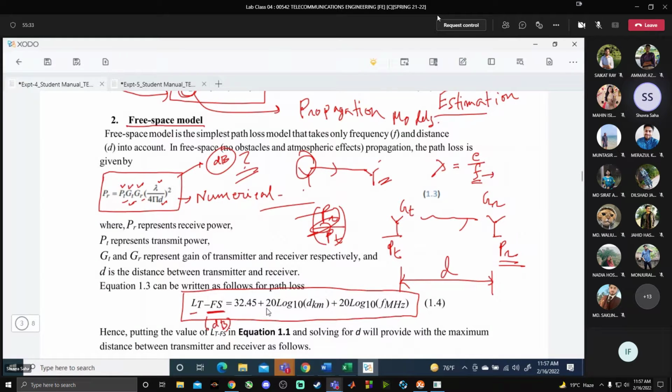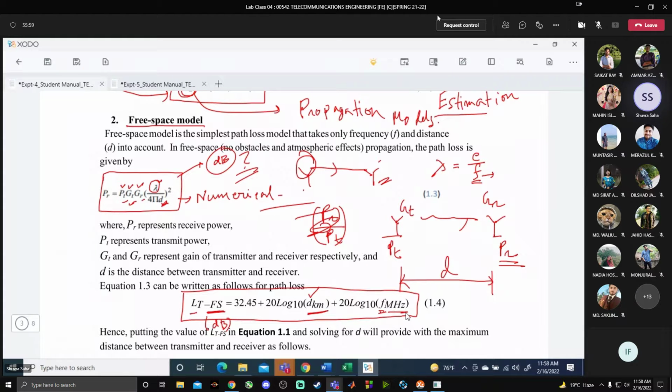So it becomes 32.45, this equation. So in this equation you can see I have two variables, distance D, this D comes from here, and the frequency F. So frequency comes from the lambda C by F. And here the D should be placed in kilometer unit and frequency should be placed in megahertz unit.